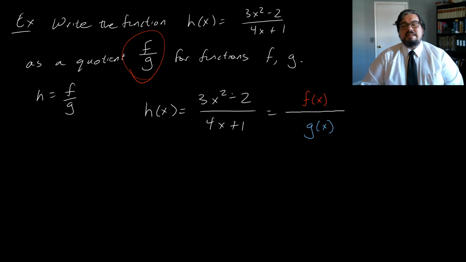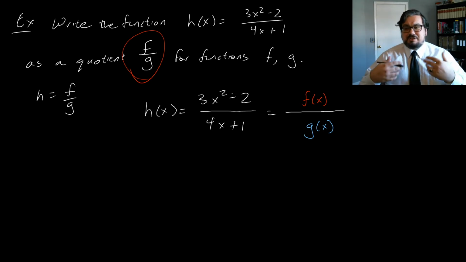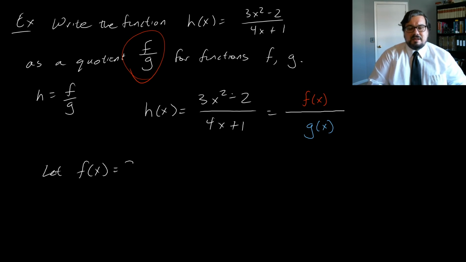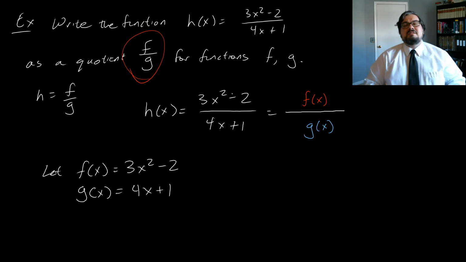And as we see here, the answer is kind of shouting at us. It's not too hard to come up with a way for this to happen. So we could do this in the following way. Let's let f of x be 3x squared minus 2, and let's let g of x be 4x plus 1. And that works. And that's the most useful answer here.